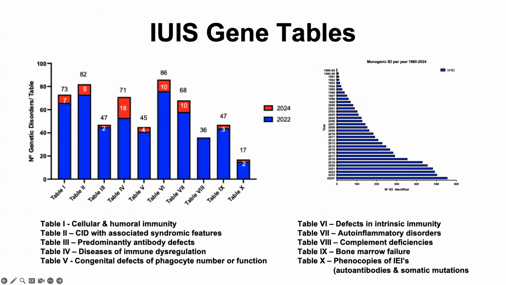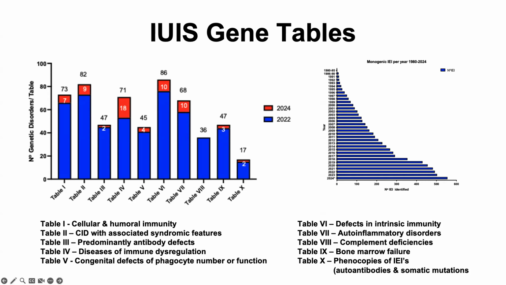So that's the immunology background. Now let me talk to you a little bit about how this fits into the global scheme of immune genes. Every couple of years, I'm on a committee, part of the International Union of Immunological Societies, where we get together and search through the literature looking for any new gene defects that have been associated with immune diseases.